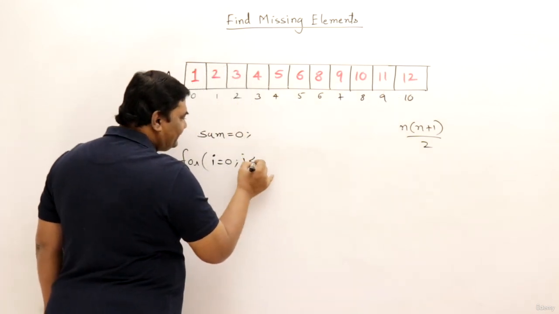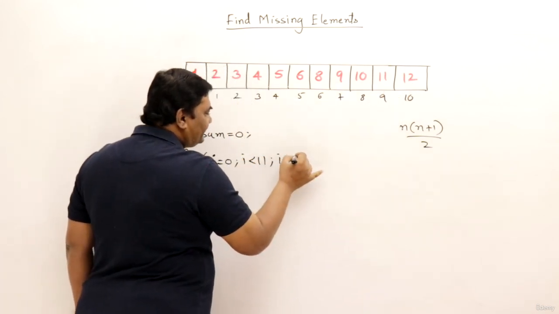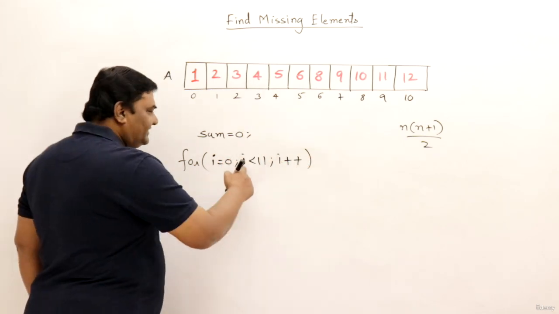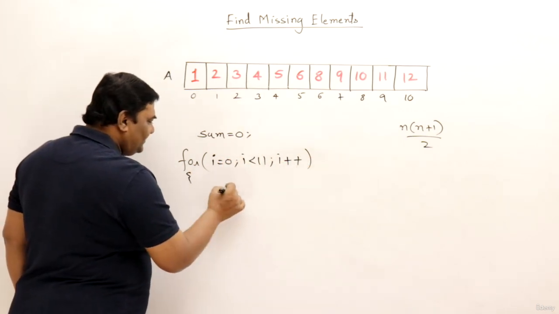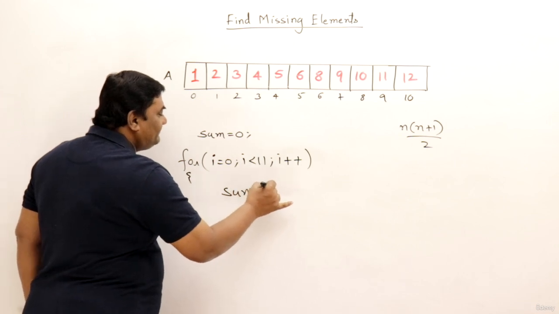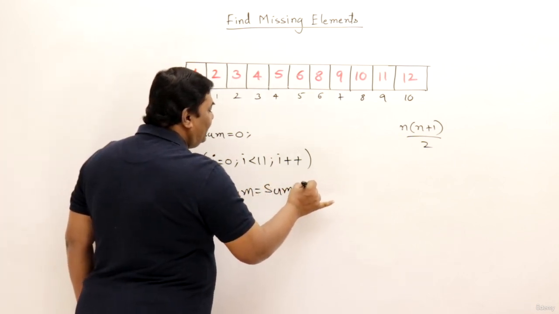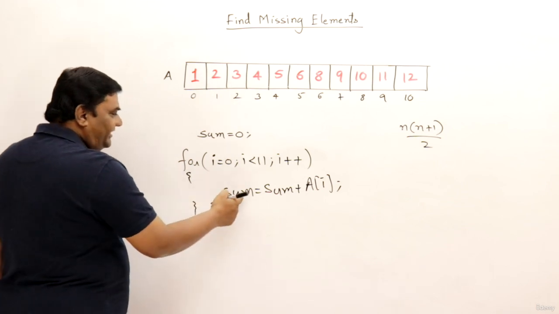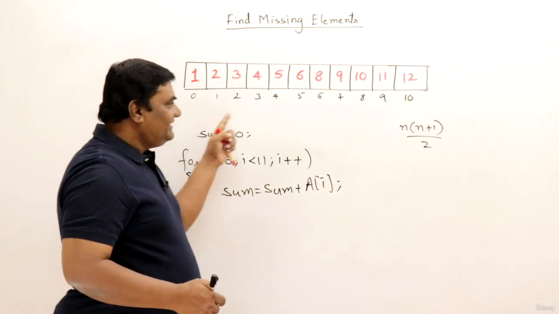So I should say i is less than 11, i plus plus. So I should know the last index, that is 10. What I have to do is sum assign sum plus A of i, adding all the elements from the array. Then here I'll be getting the sum of all these elements.